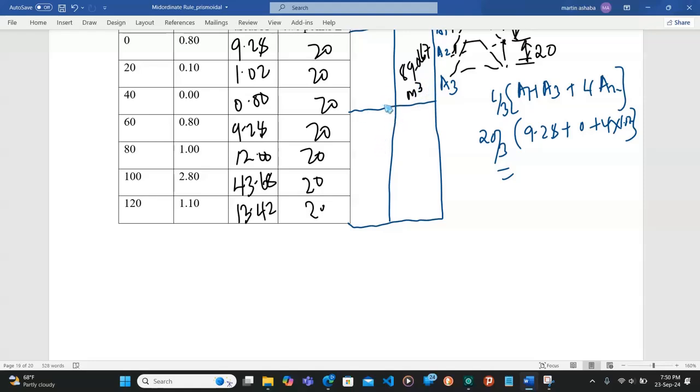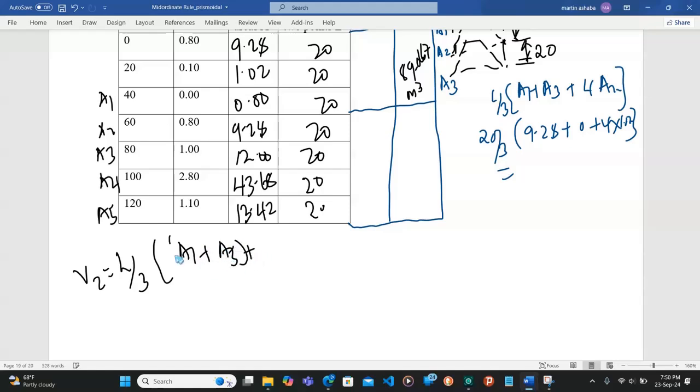Let's look at the other part of the fill. So the fill also starts from here, 0, 0, up to there. So let us say our A1 starts from there, A2, A3, A4, A5, meaning that according to the prismoidal formula, the volume V2 is going to be A1 plus A5 plus 4 of whatever is even.